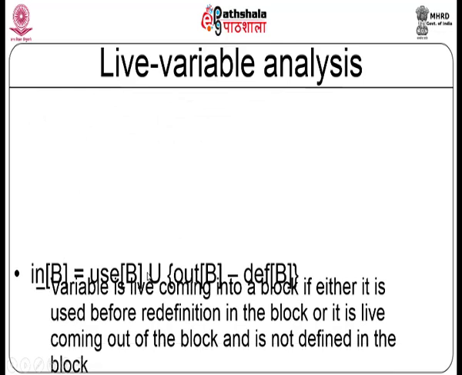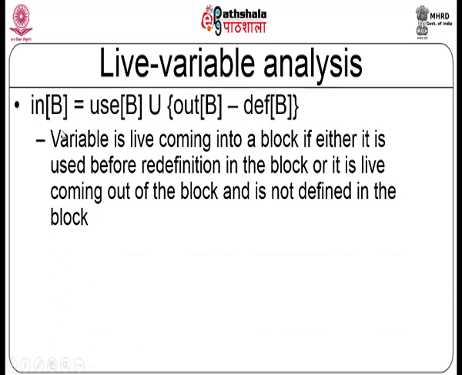Now in of B will be use of B union out of B minus def of B. The understanding is a variable is said to be live coming into a block if either it is used before redefinition in the block, or it is live coming out of the block and is not defined in the block itself.